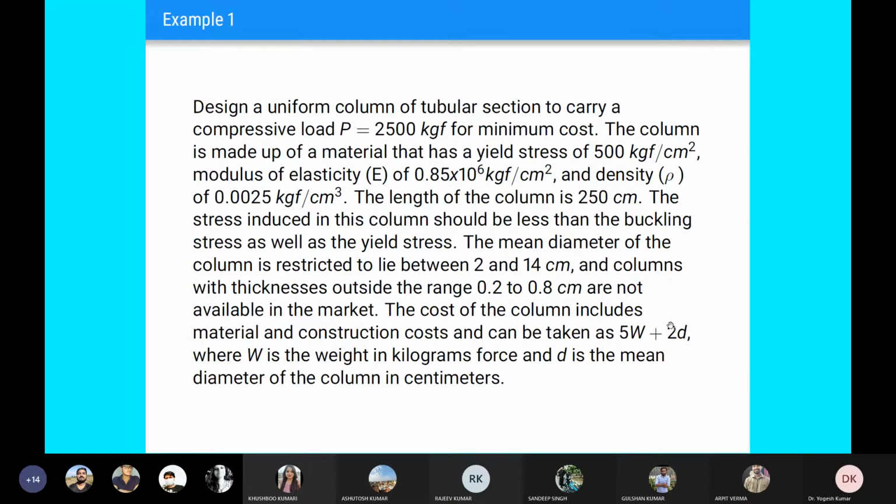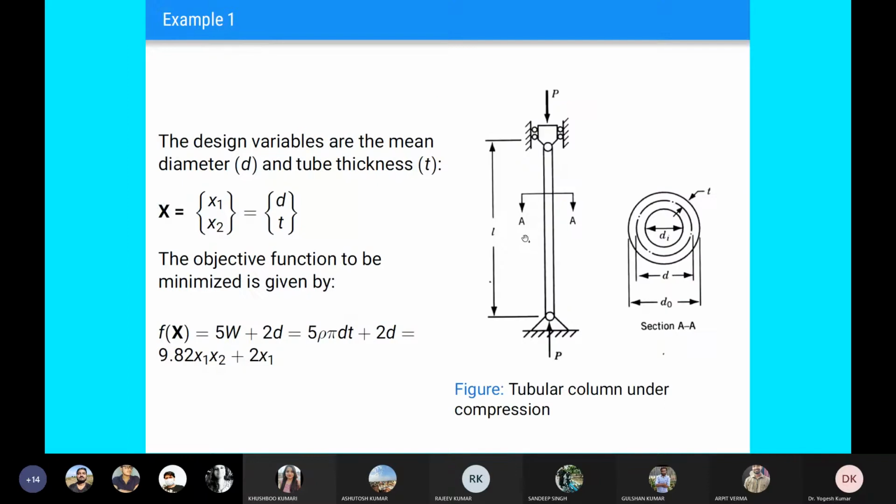If you remember this discussion, first we created the design vector using the design variables. What were the design variables? The mean diameter and the tube thickness.